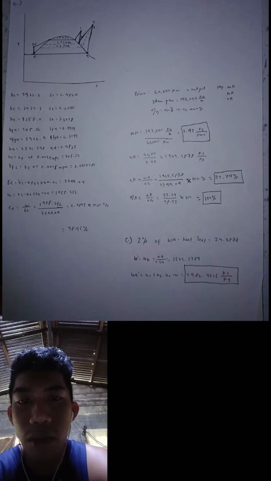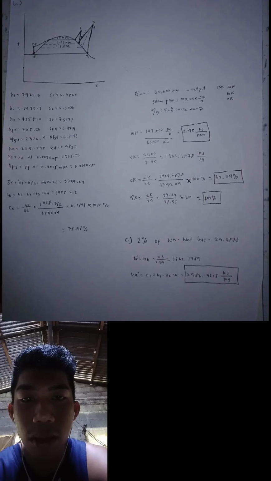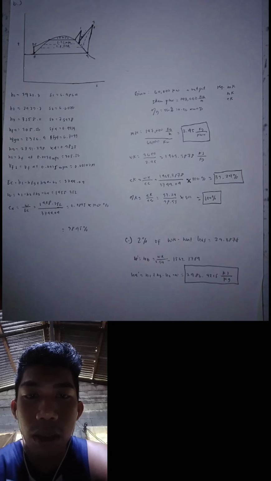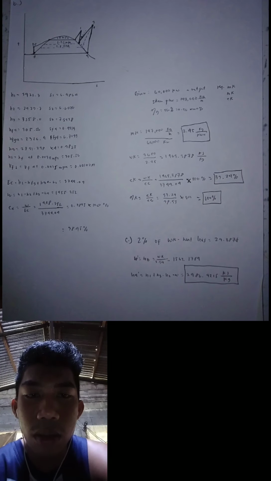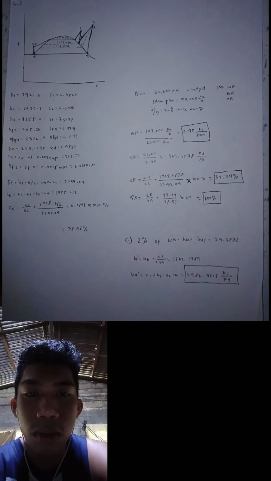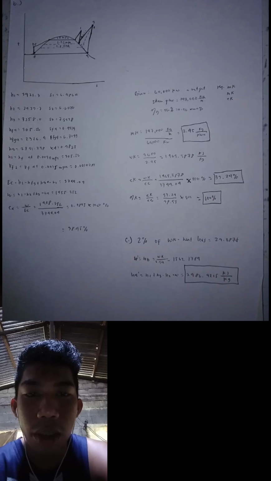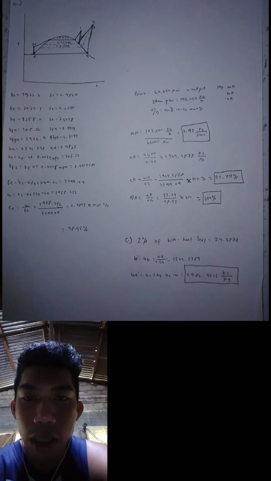So the mass flow rate or the mk is equals to 147,000 kg per hour over 60,000 kilowatts equals to 2.45 kilogram per kilowatt hour.